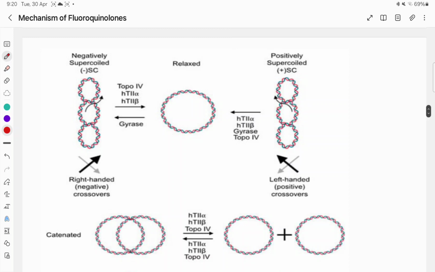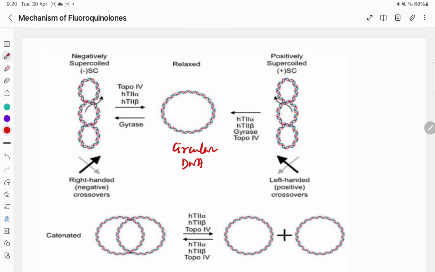In bacteria we have circular DNA, and when this circular DNA is coiled, it becomes supercoiled. As you know, the chromosome is compact because of the supercoiling.